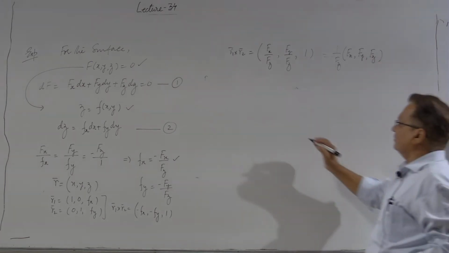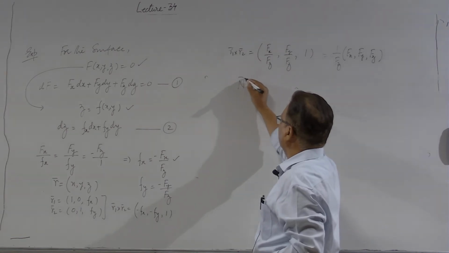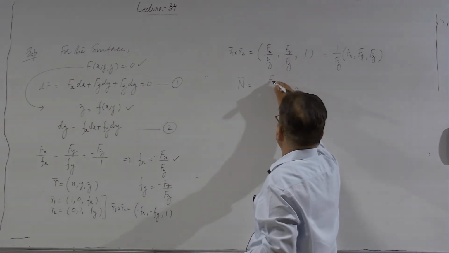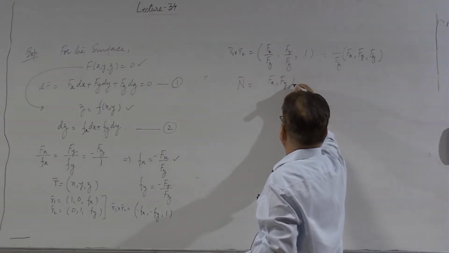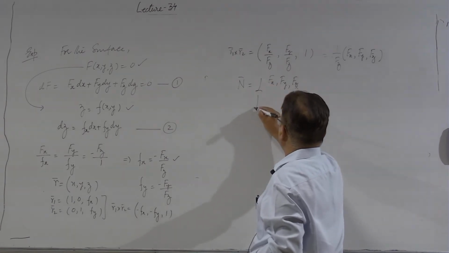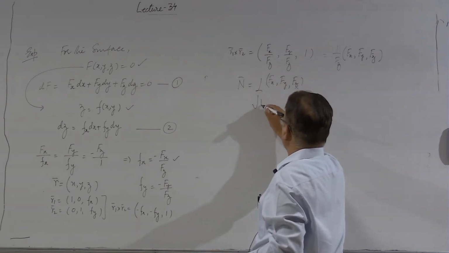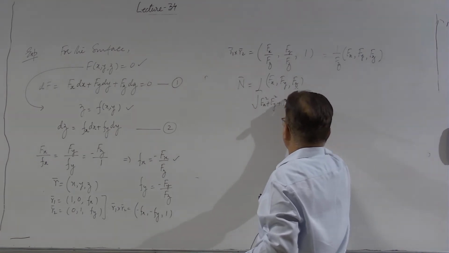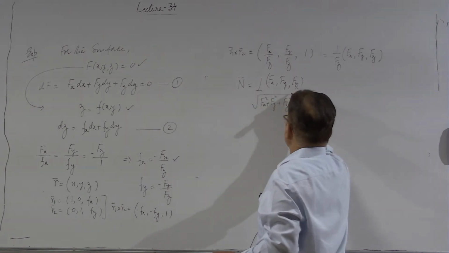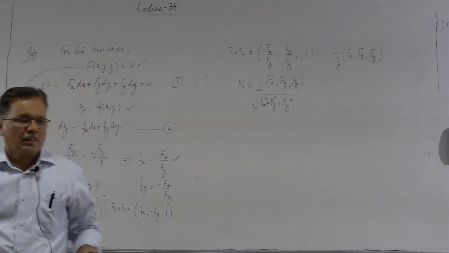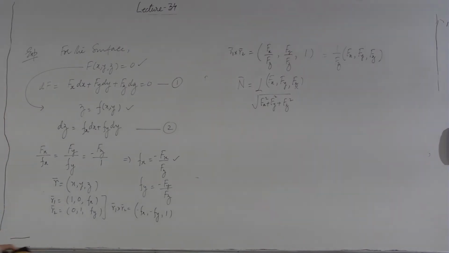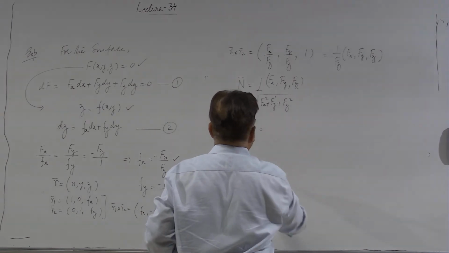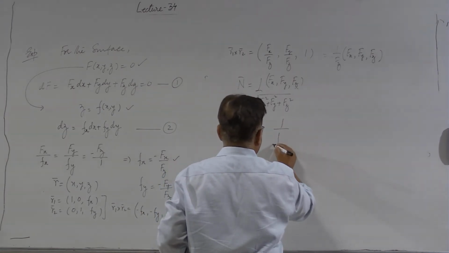And now I can talk of the unit normal n. So, I can write down the normal n as (F_x, F_y, F_z) into 1 upon under root F_x square plus F_y square plus F_z square. This is the normal. Okay. And therefore, I can write down dn. The derivative of the normal is 1 upon under root this quantity.